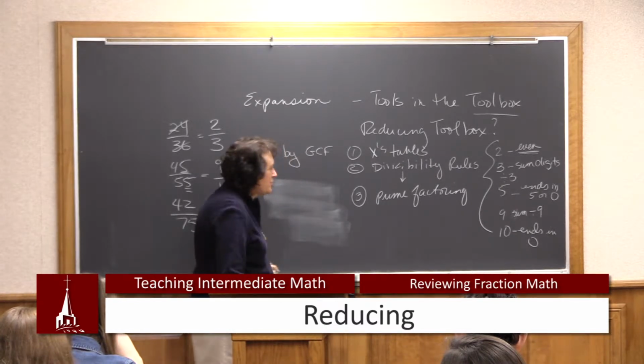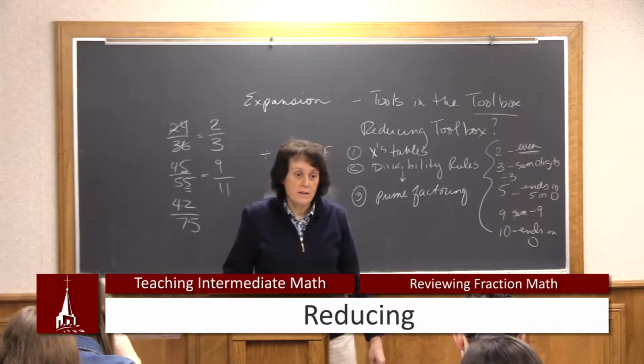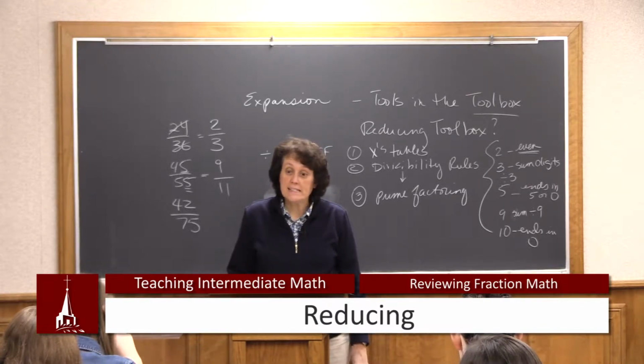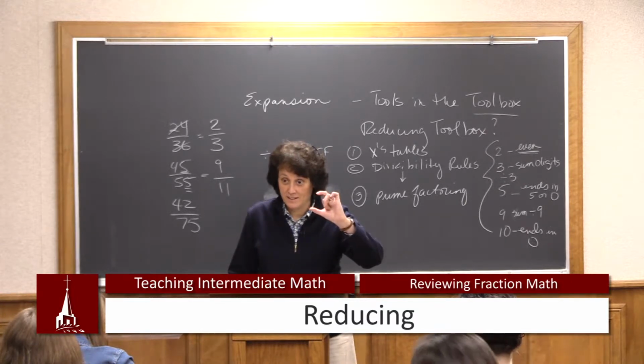But there are divisibility rules for 4. Again, that one's not as useful because we have 2 and it's not a prime number. There's a divisibility rule for 6. What would it be? Yes? It's an even number, and it is divisible by 3. And how did we get that rule? We combined 2 and 3.